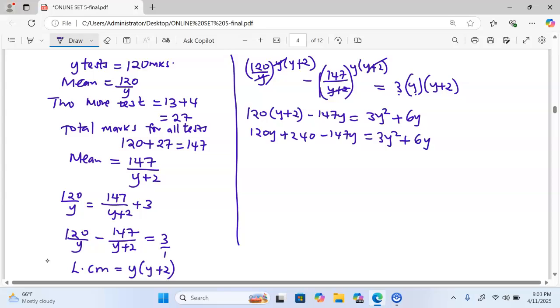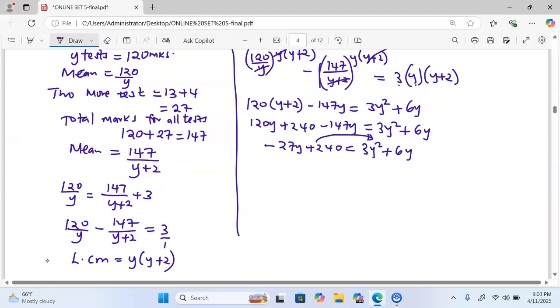Like terms together, 120y minus 147y, you get negative 27y plus 240. This is going to be equal to 3y squared plus 6y. We can now move all these to the other side such that we form a quadratic equation.